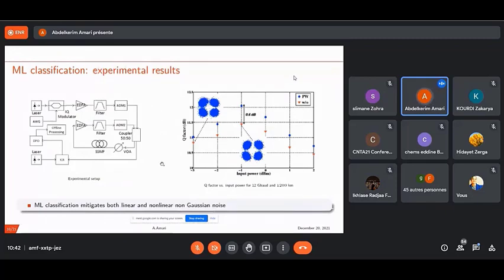This kind of technique does not compensate only for the nonlinear effects, stochastic nonlinear effects, but also in the linear regime, because of the imbalance, we can compensate for the IQ imbalance, as shown in this constellation.